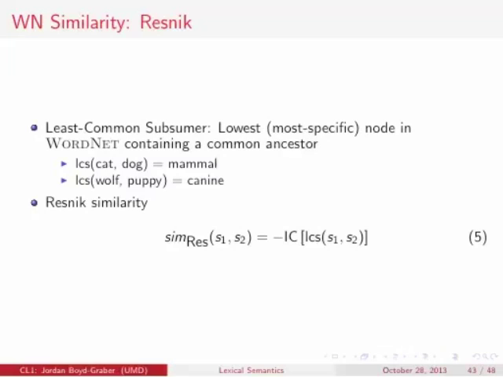In this case, the least common subsumer of these two concepts is the concept mammal. However, for wolf and puppy, the least common subsumer of these concepts is canine, which is more specific. And so what we can do is look at the information content of the least common subsumer for two concepts, and the more specific that subsumer is, the more similar these words are.